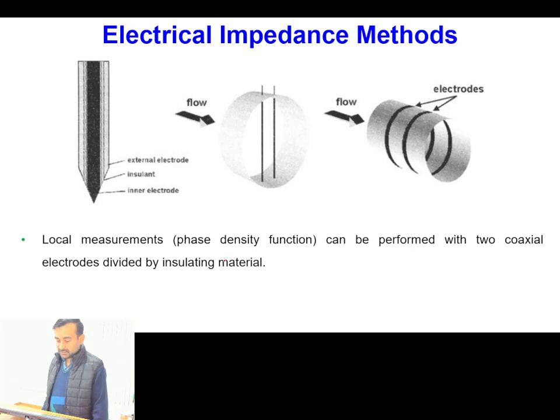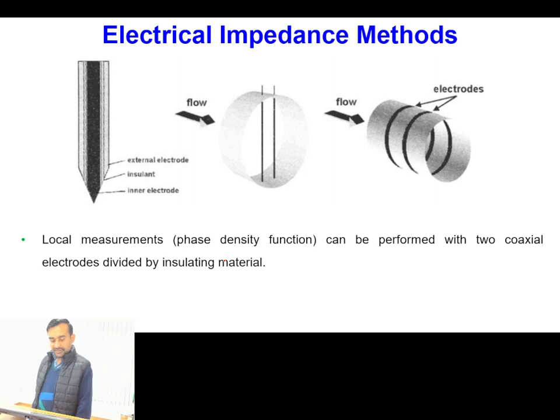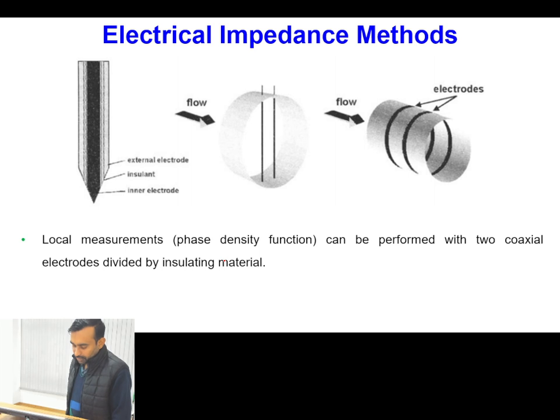Now next comes the electrical impedance method. In the electrical impedance method, we have an inner electrode, then some insulation material, and then an external electrode.